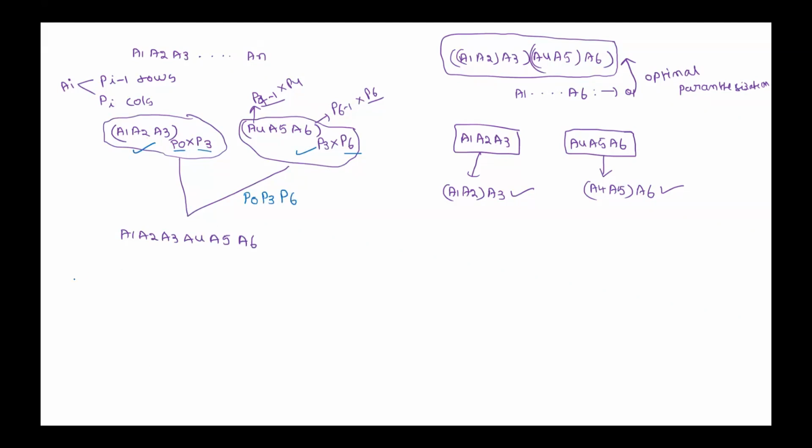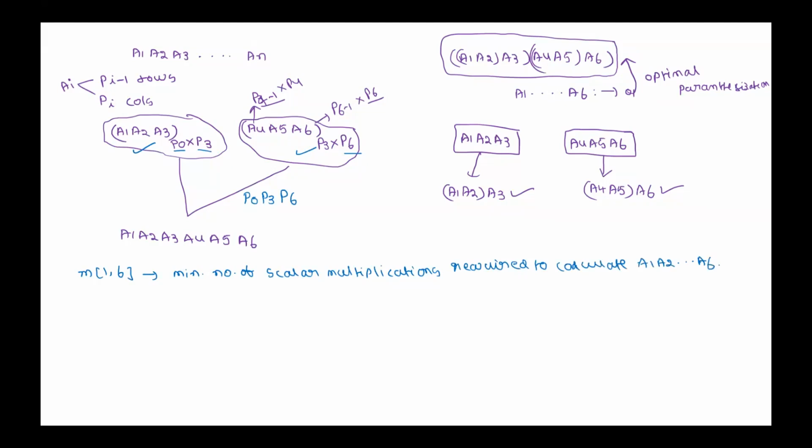Okay, let us use some notations here. Let us say M1,6 is the minimum number of scalar multiplications required to compute A1 to A6, the matrix chain which contains matrices A1 to A6.